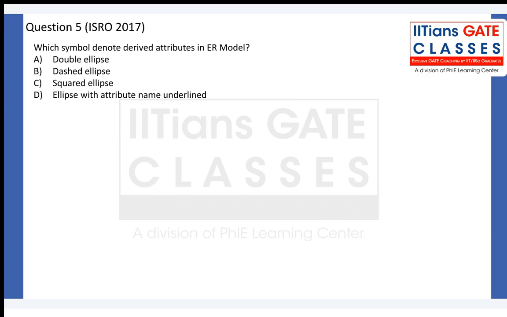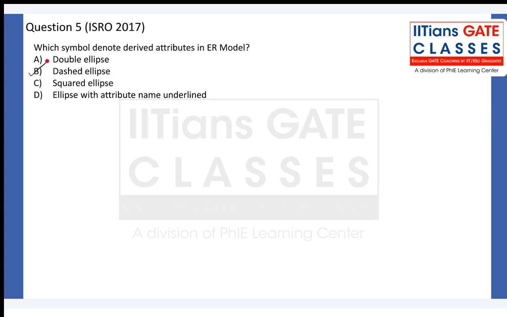I already told you this. So what is the answer? Which symbol denotes derived attributes in the ER model? Option B, right? Dashed ellipse. Let's recap your knowledge.